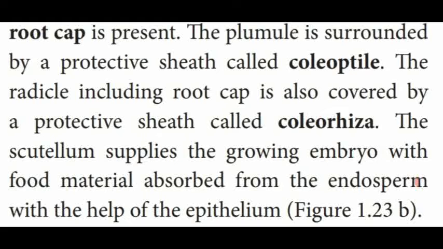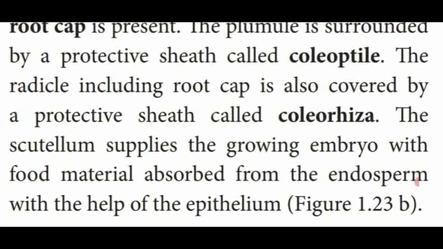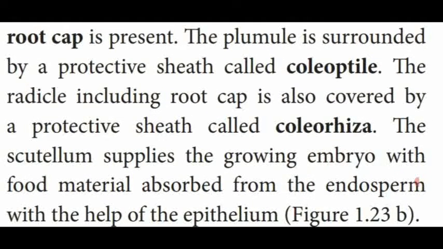The only cotyledon, named the scutellum, supplies food material to the growing embryo, which is absorbed from the endosperm with the help of the layer called the epithelium. So the cotyledon or scutellum does not directly nourish the growing embryo.